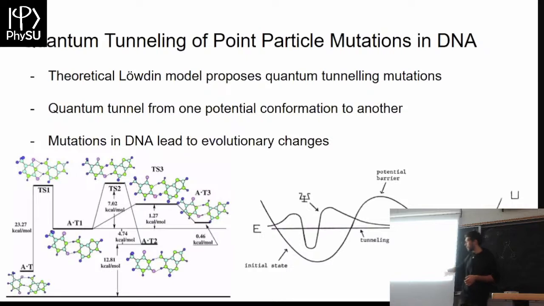So conceptually, quantum tunneling is when you sort of bypass a potential barrier by going from one initial state to a new state, and you sort of go through this potential barrier from one potential to another. And in this case, it would be the potential of that initial hydrogen bond to the potential of this sort of new mutation or misbond, in that this hydrogen, or this single photon in this case, would actually sort of pass through that potential barrier.